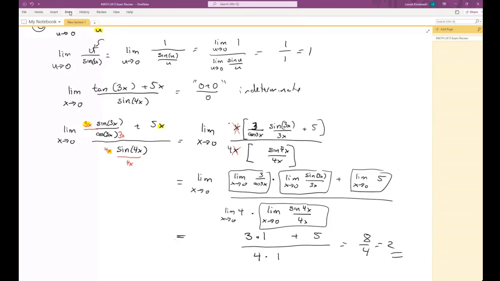Oh, yeah, you're right. I started writing out the limit, but then I said I'm going to use the limit rules. I'm just now using the rules, so the limit statement goes for each individual factor, each individual term, numerator, denominator. Thank you. Good point.